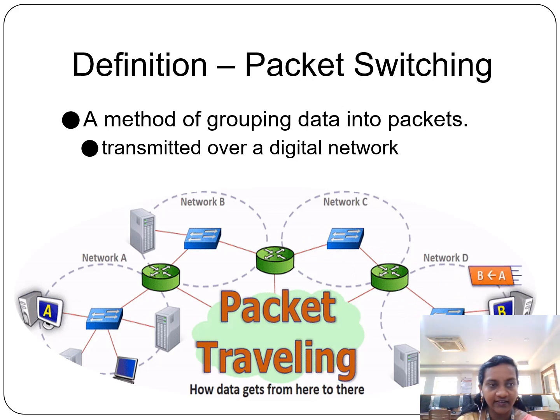This orange color indicates the packet, the one which moves. See, this packet is being forwarded from A to B. A is the sender or the source and B is the destination. See how this packet travels from A through the different nodes of different networks, and finally it reaches its own destination, that is B. This process is called packet switching, or packet traveling, how it travels from one network to the other.